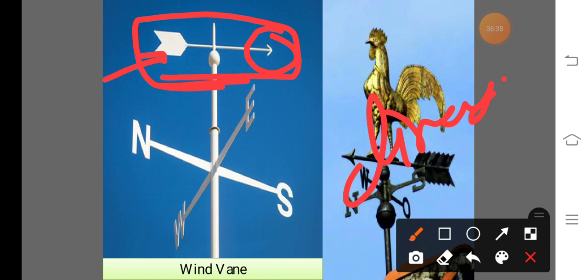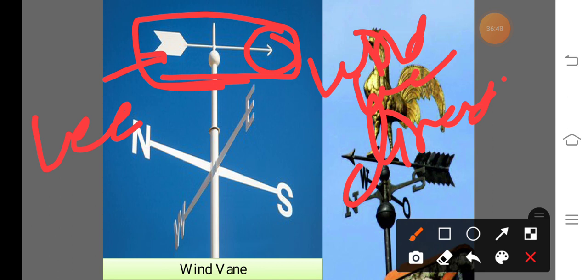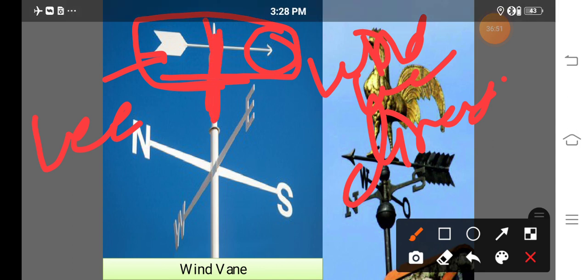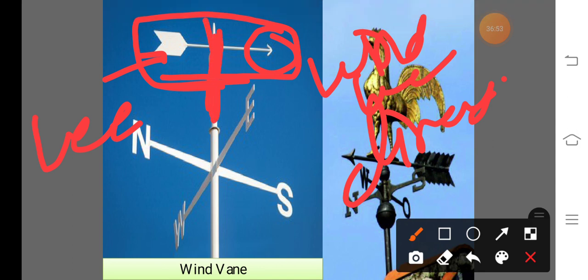The arrow indicates the windward side, and the flag indicates the leeward side. That means this is the center, and the wind is coming from this side, that means from the south side, and it goes toward the north side.